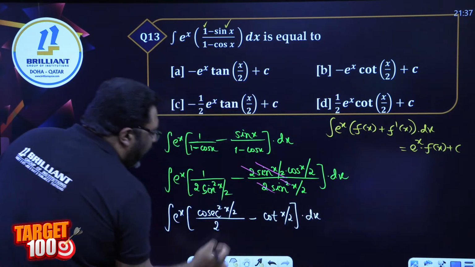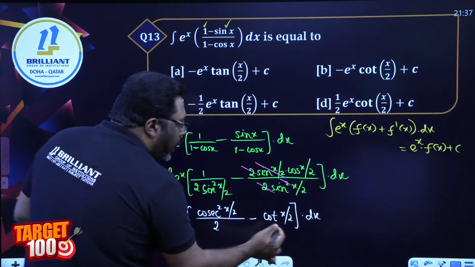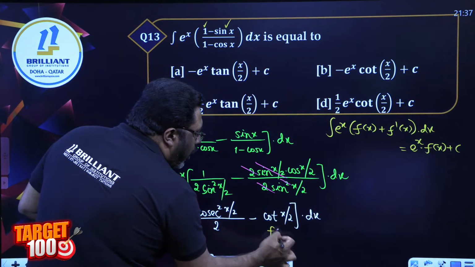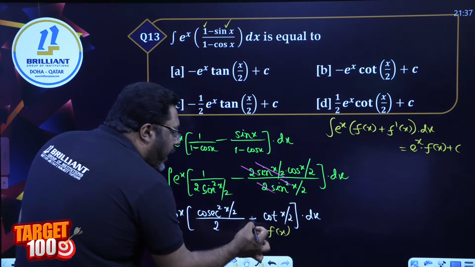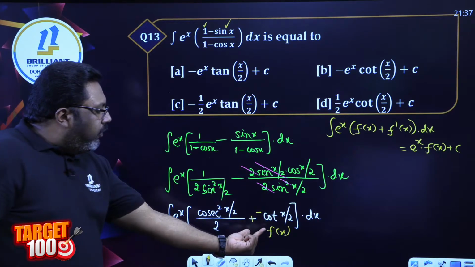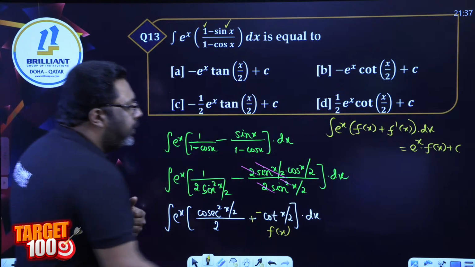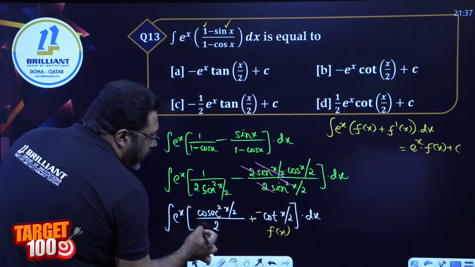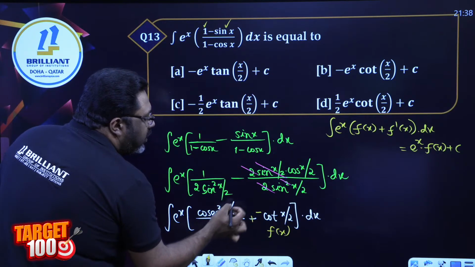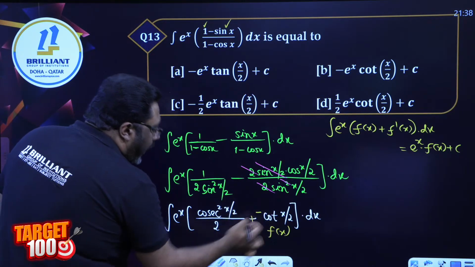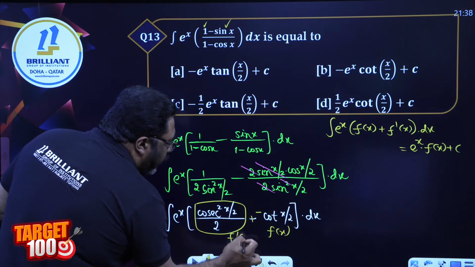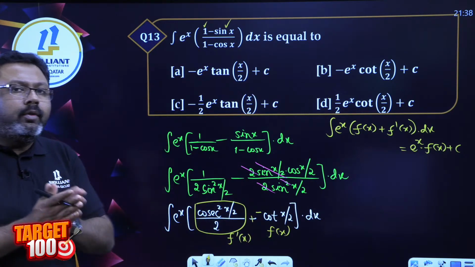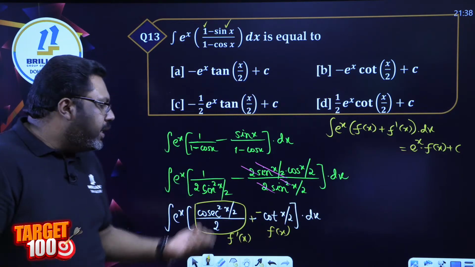I want everybody to tell me what's the derivative of minus cot x by 2. Derivative of minus cot is plus cosec squared x by 2 into 1 by 2, which is this. It's a direct derivative form, no doubt. You don't have to think too much also, because it's a property.